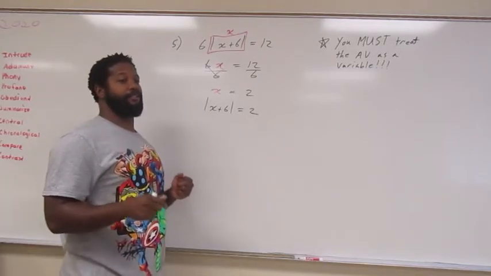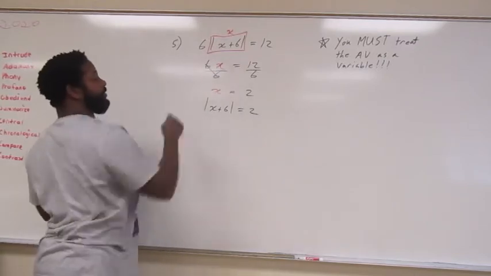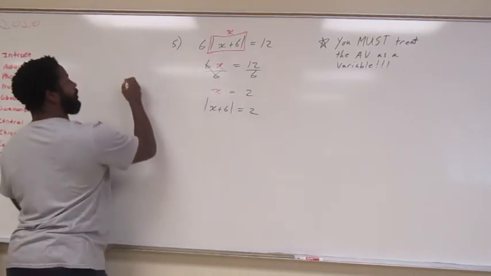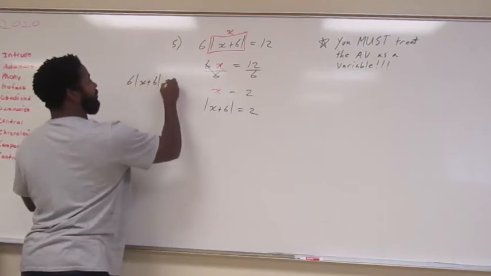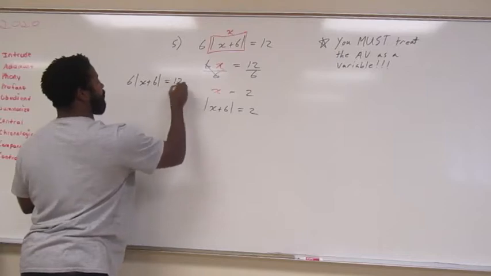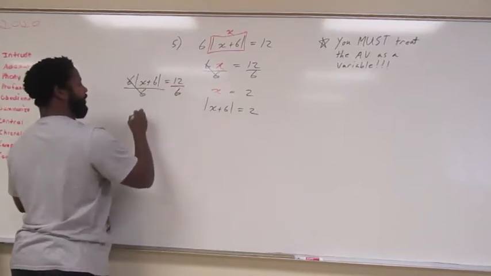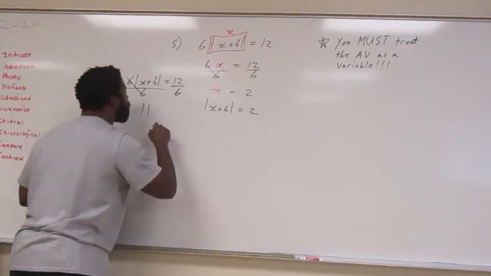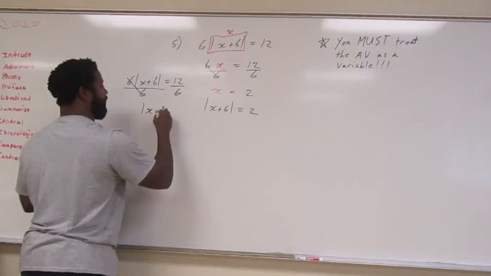If you so choose, if you don't want to make it a variable, you can work with the 6 times the absolute value of x plus 6 equals 12, and divide the 6 off, getting the absolute value by itself like that.